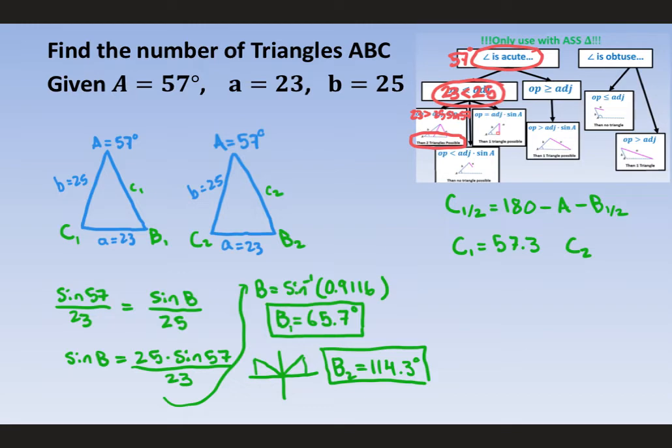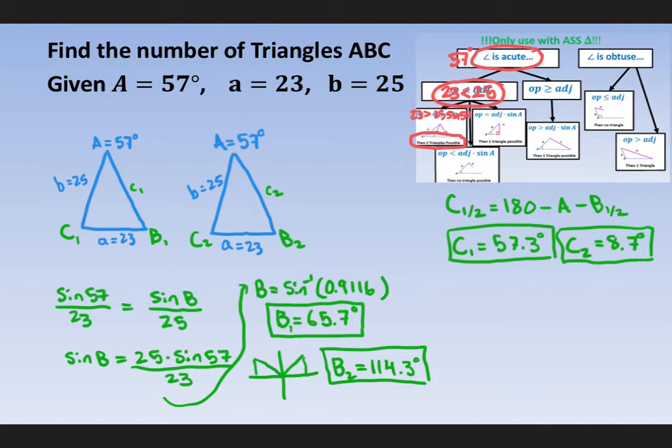So it's 180 minus 57 minus 114.3, and we get big C2 is equal to 8.7. And these are angles, so we say degrees on both of those. So there's the big angle C1 and the big angle C2. We did the same calculation using the two separate angle Bs. I use this one to get this one and this one to get this one. And then the last thing we have to do is get little c1 and little c2.